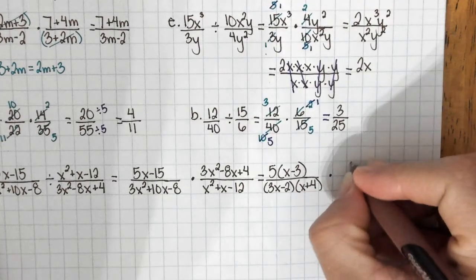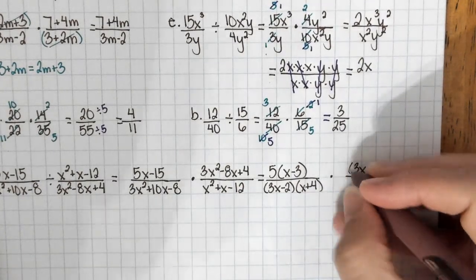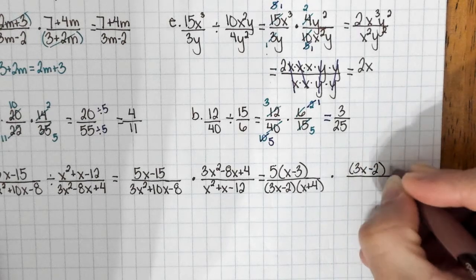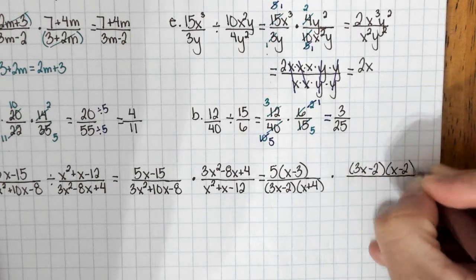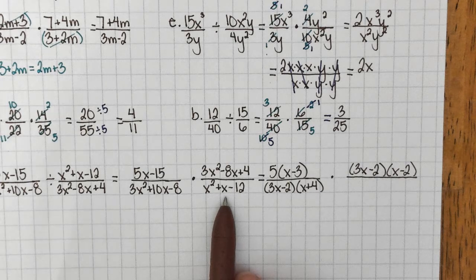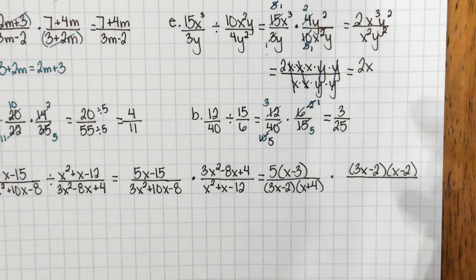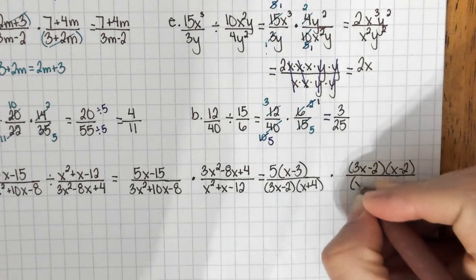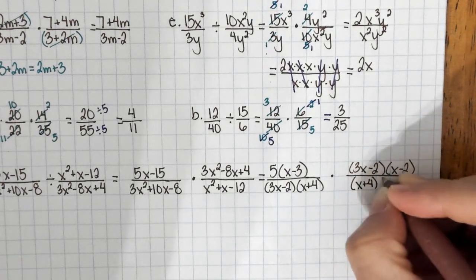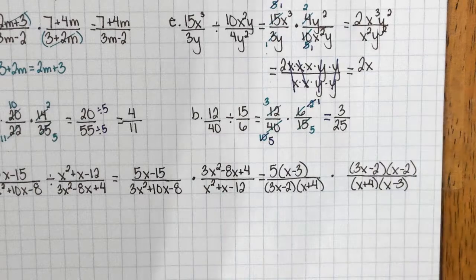That guy factors into 3x minus 2 times x minus 2. And finally this one, x squared plus x minus 12. That second denominator factors into x plus 4 times x minus 3.